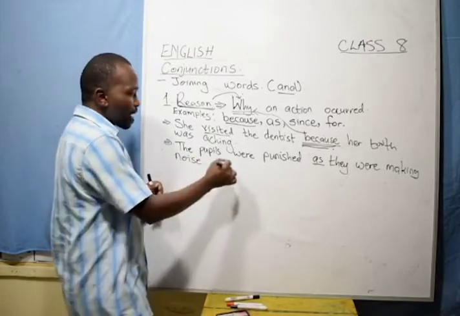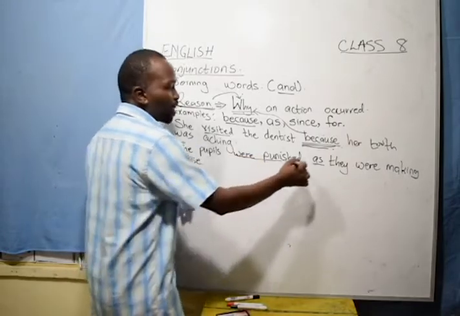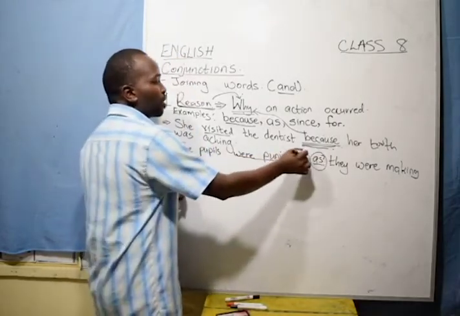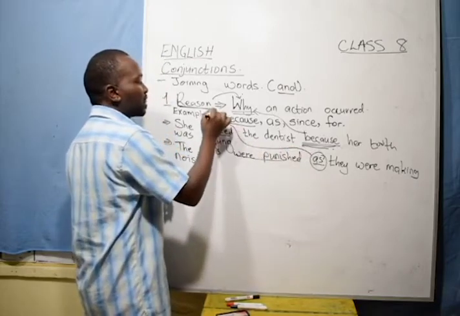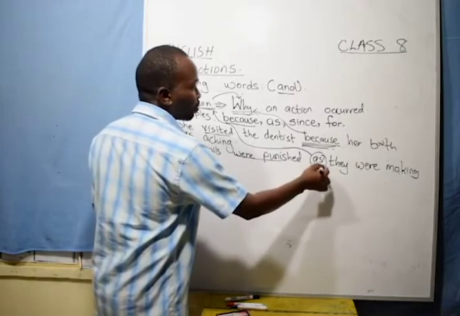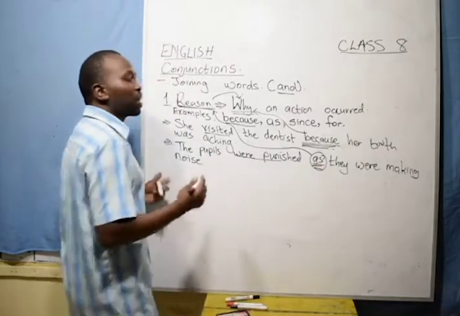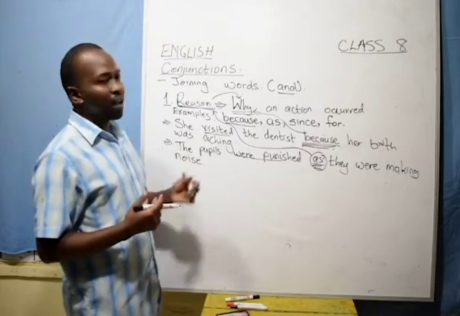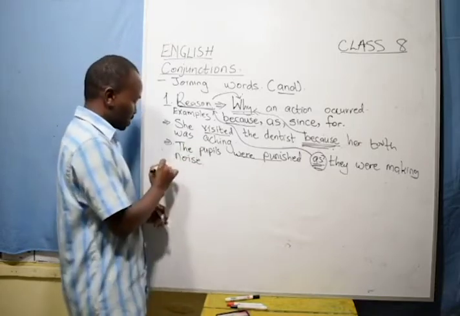So, why were they punished? They were punished as they were making noise. So, this one gives us the reason why they were punished, the conjunction as. So, we can continue practicing more and more of these conjunctions of reason and constructing more sentences.